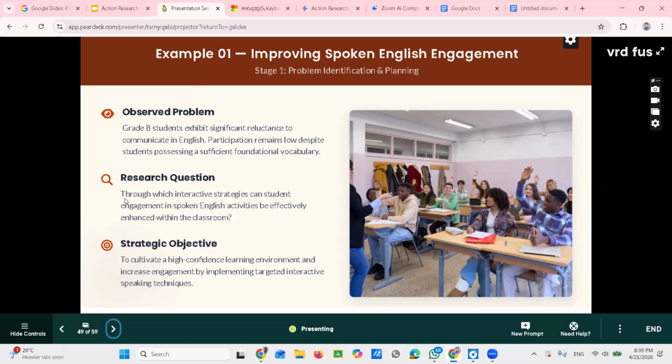Through which interactive strategies can student engagement in spoken English activities be effectively enhanced within the classroom? Through which interactive strategies? This does not focus on a specific strategy. The better one focuses on a specific strategy. I want to say that this is not the completely best research question. It's a good research question, but not the best one.